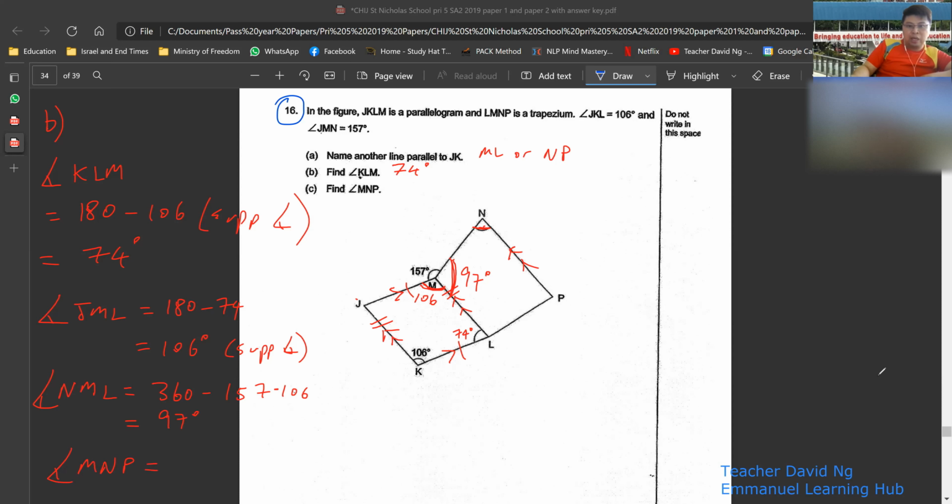So how to find angle MNP? You think for a moment, this angle and this angle, what is their relationship?